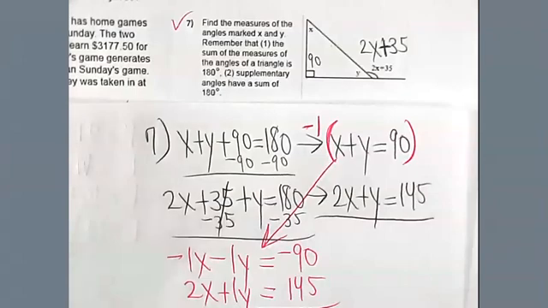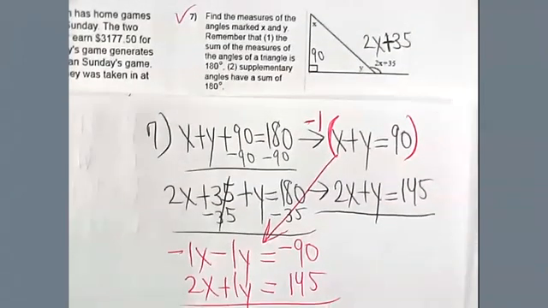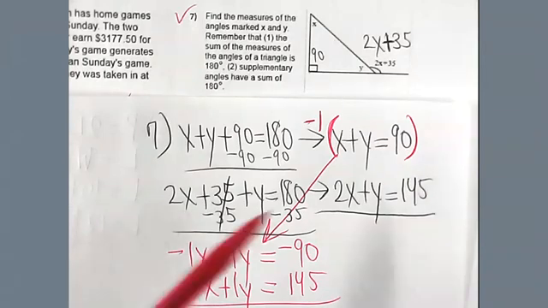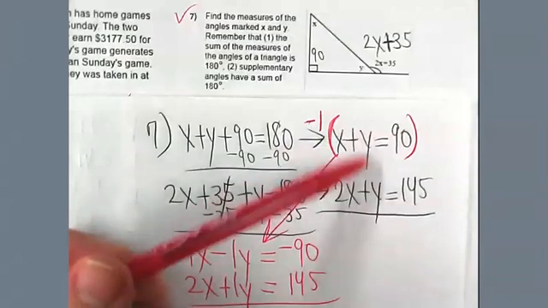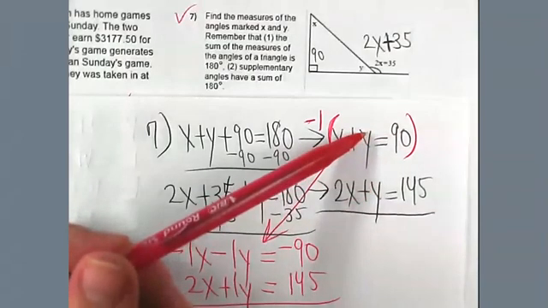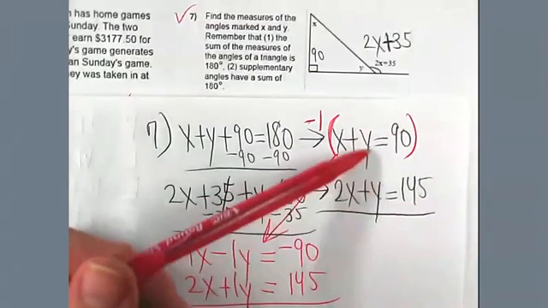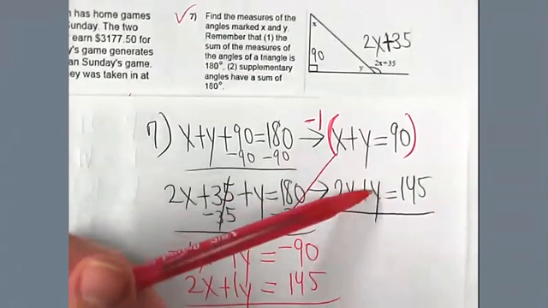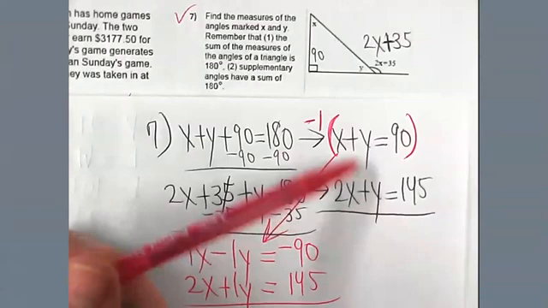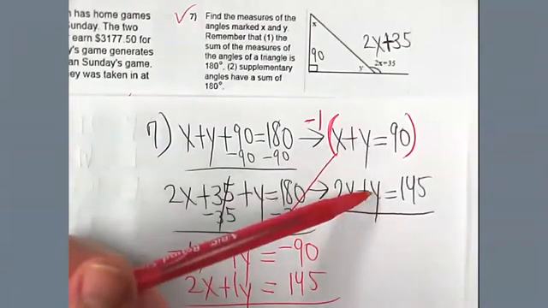Excuse me, Mr. Arnold. Yes. This is Macon. I have a question. Why did you do negative 1 for x plus y equals 90? Probably the best thing to do is I can eliminate the y's because they're already the same term. But in order to cancel them out, one of these y's has to be a negative number.